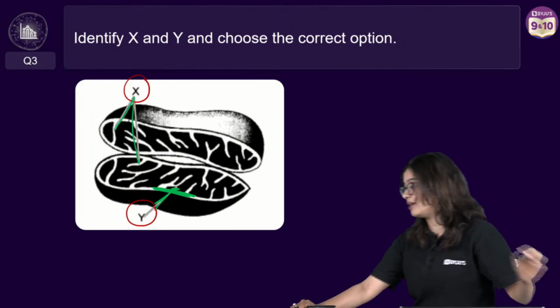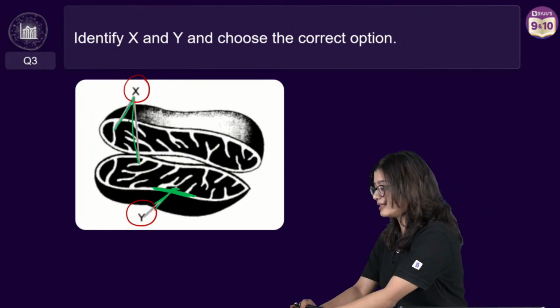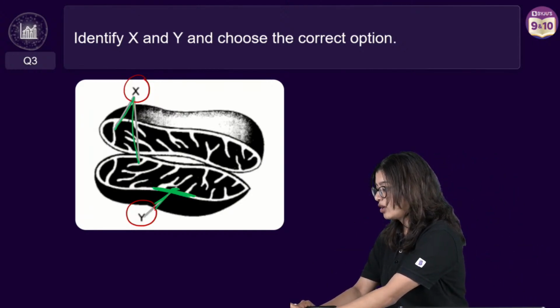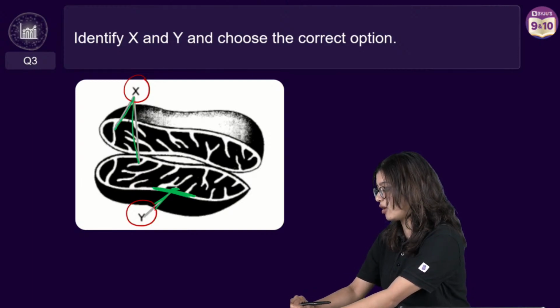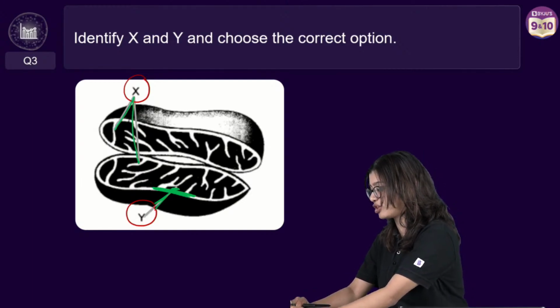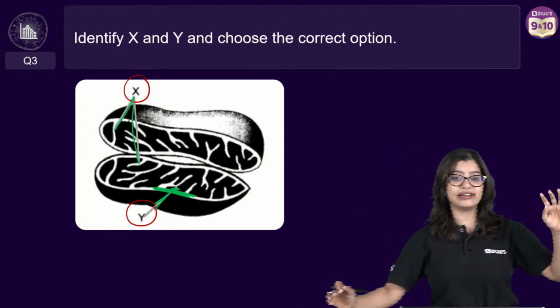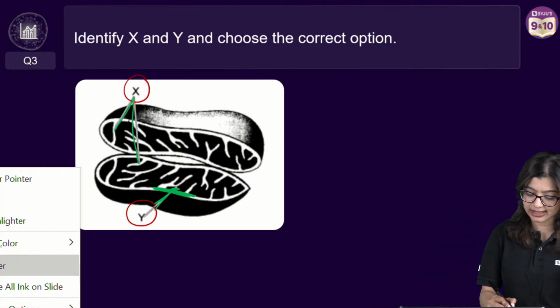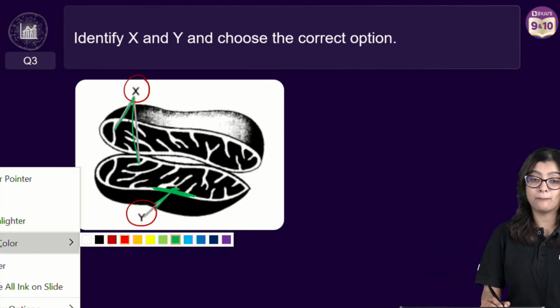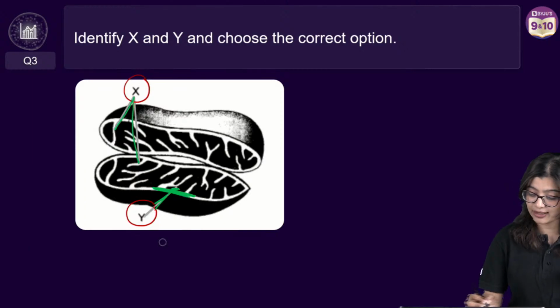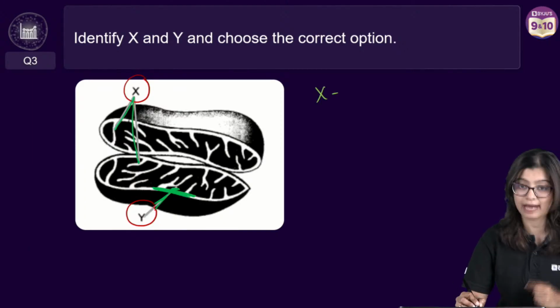Can you tell me which organelle this is? We see that it is a double membraned organelle. It has some finger-like projections. So this right here is going to be mitochondria. X is with reference to the finger-like projections.